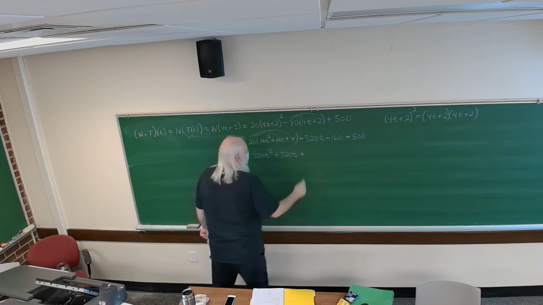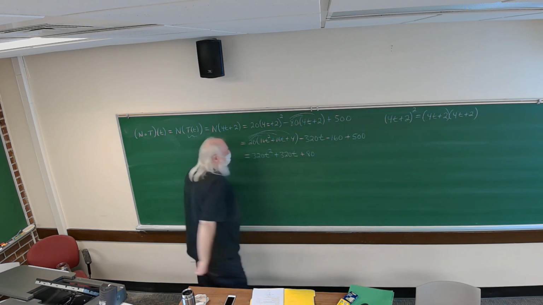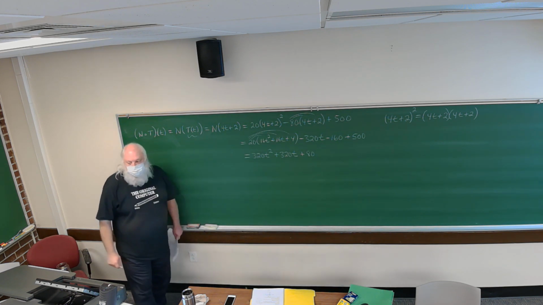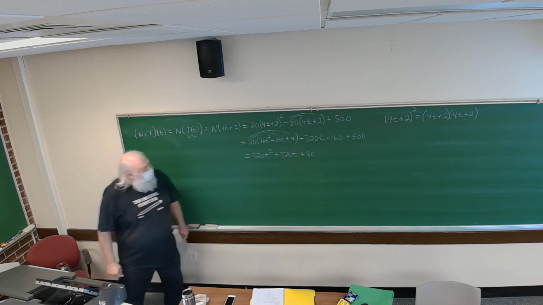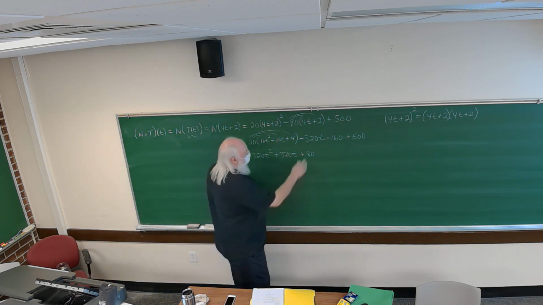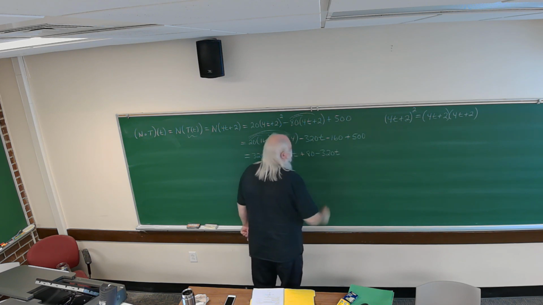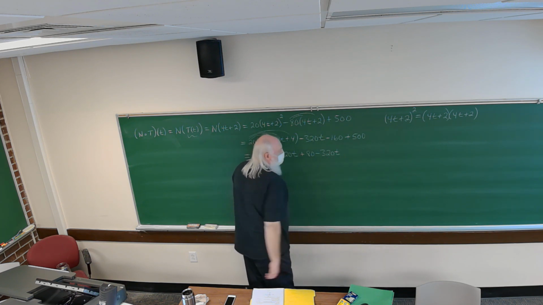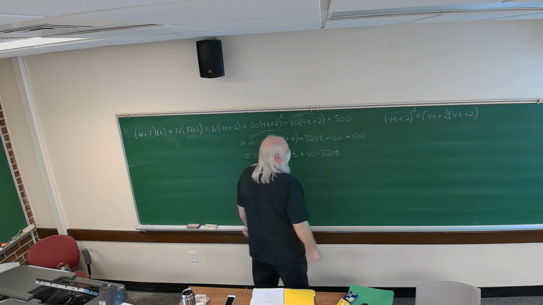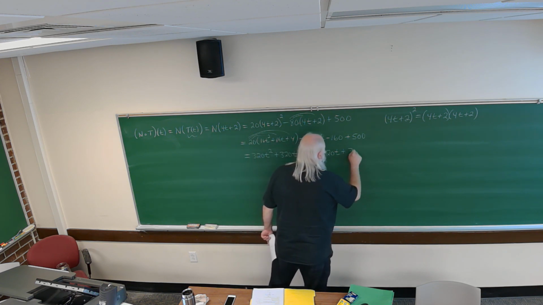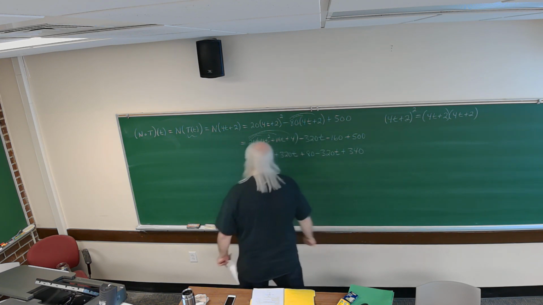And 20 times 4 is 80. So that's distributing 20 inside parentheses. And then we have the minus 320t. And then we can combine these two constants: minus 160 plus 500 is 340.